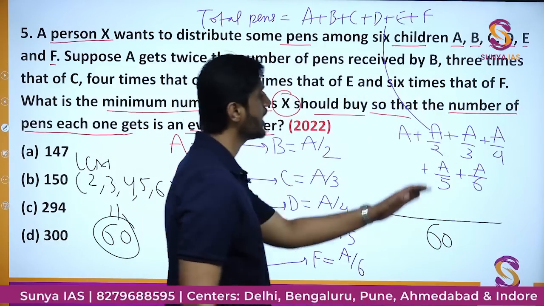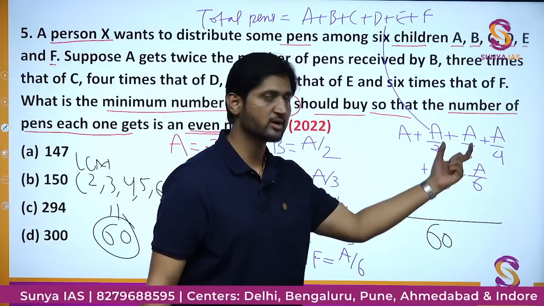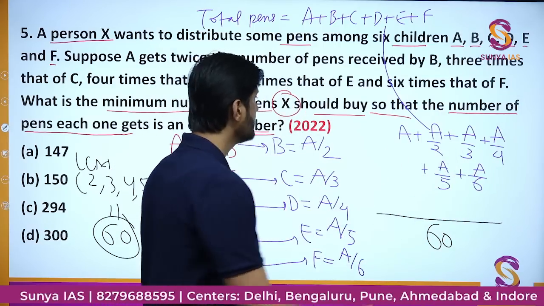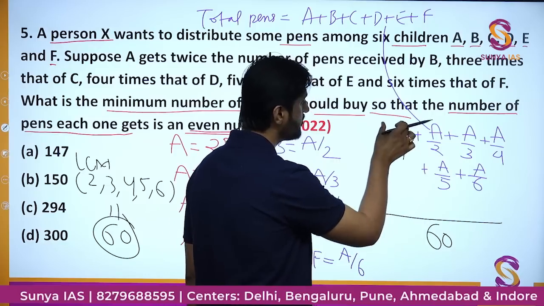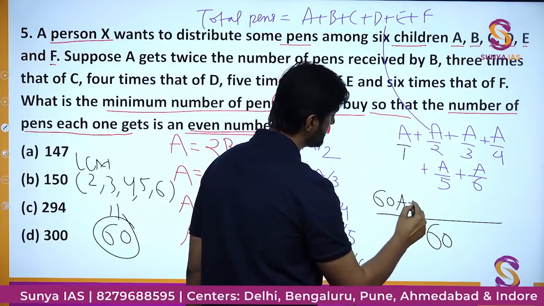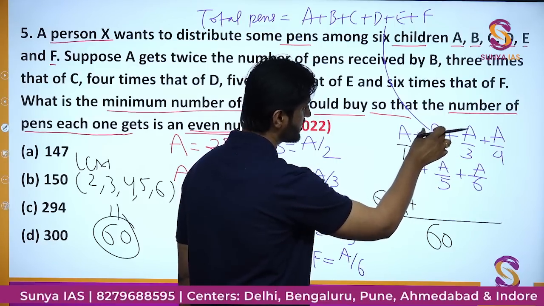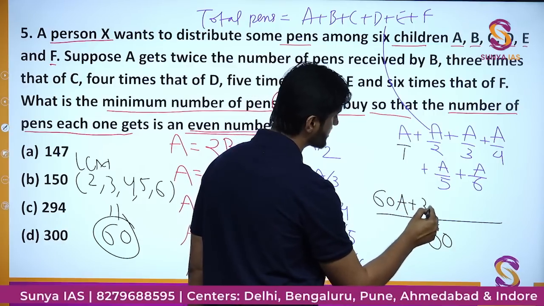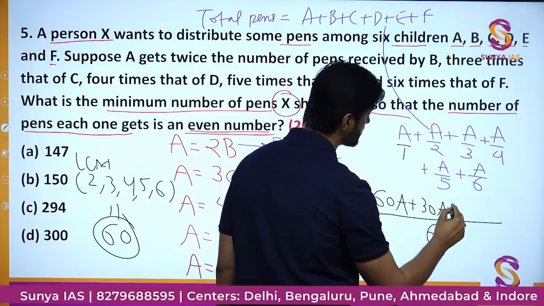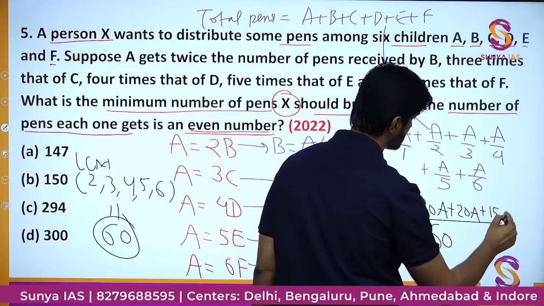In order to add up all these fractions, we will modify them in such a way that all the denominators are 60. So here we will have A divided by 1, multiply and divide by 60, you will get 60A by 60. So here we have 60A. Similarly, you multiply with 30 in the top and bottom, you will have 30A by 60. That is nothing but 30A. Similarly, you will have here 20A. Here you will have 15A. You will have 12A.